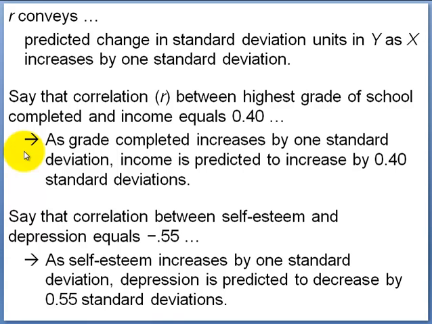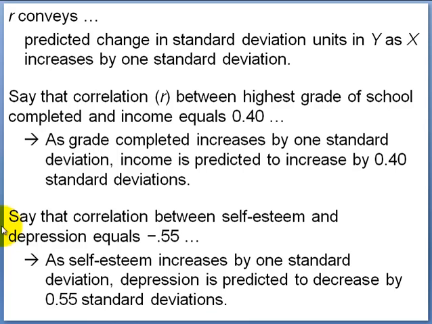So one of the meanings of this correlation is that as grade completed increases by 1 standard deviation, income is predicted to increase by 0.40 standard deviations. As another example, perhaps the correlation between self-esteem and depression is minus 0.55.